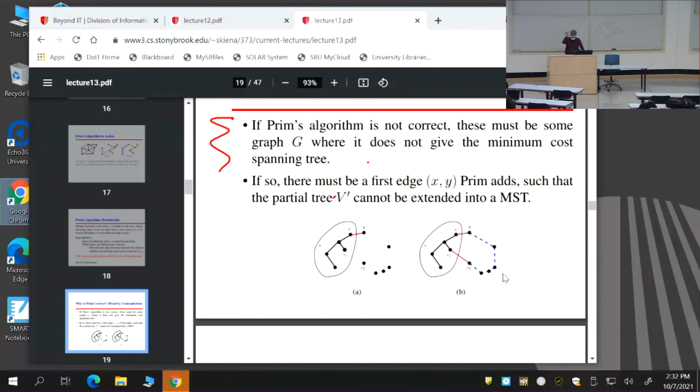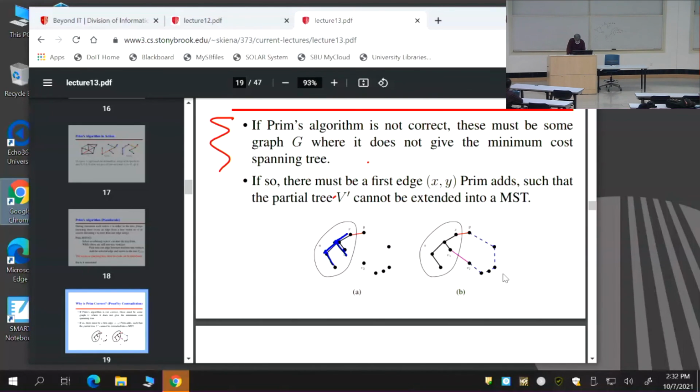Okay, fine. Show me this graph. If I start running Prim's algorithm on this graph, I'm going to start building up a tree. Does everybody agree? And if Prim's algorithm is not correct on this graph, what is going to happen? I'm going to start here, start adding edges, and everything is still possible.